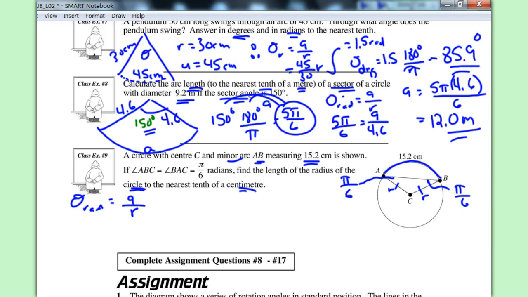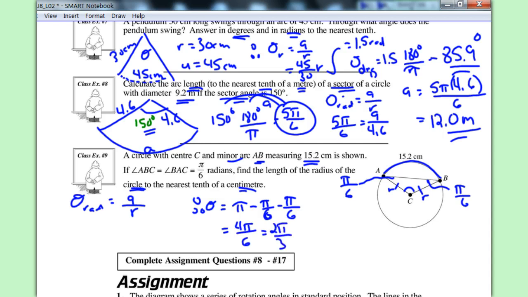This central angle, theta, can be found by simply saying, well, I know that the whole triangle is supposed to add up to 180, which is pi. So if I take pi minus pi over 6 minus that other pi over 6 that we have, whoopsie, we end up with theta equal to 4 pi over 6, which is equal to 2 pi over 3.